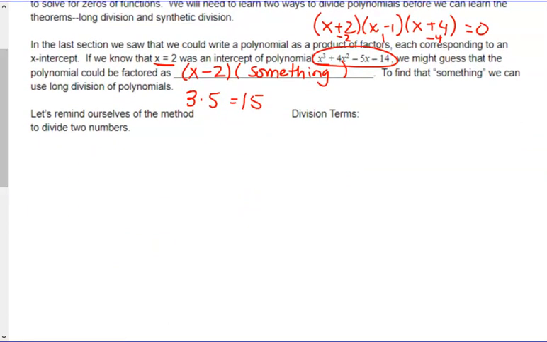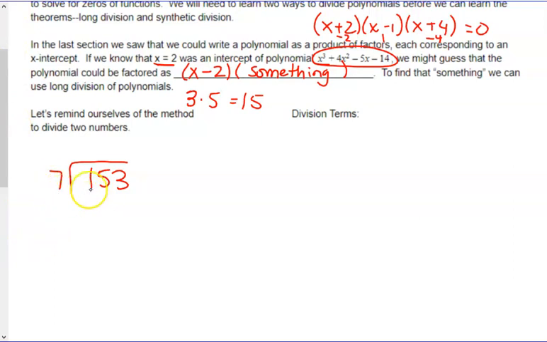Now, before we do any long division with polynomials, we are going to remind ourselves what is the process when dividing two numbers. So I'm just going to choose, say, 153, and I want to divide that by 7. So if I have 153 and I divide by 7, going back to 4th grade, we would ask ourselves, what do I multiply by 7 in order to get a 1?